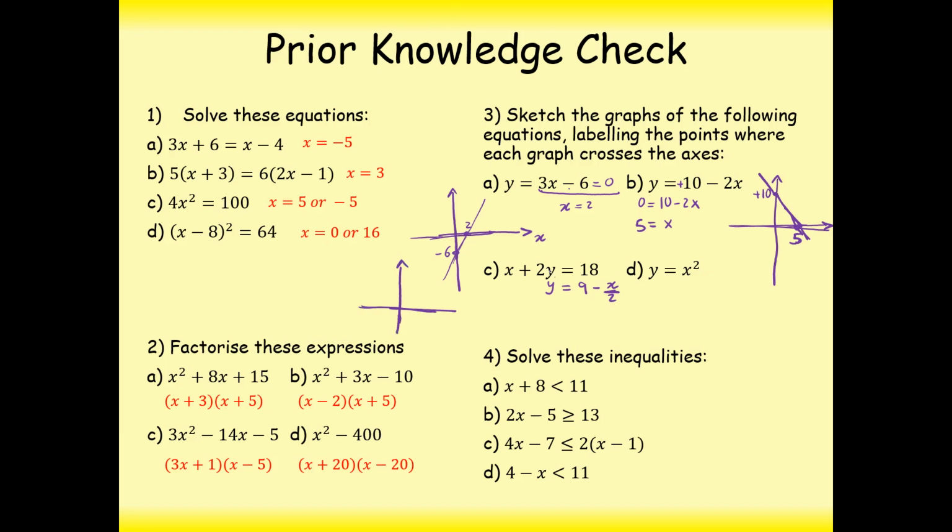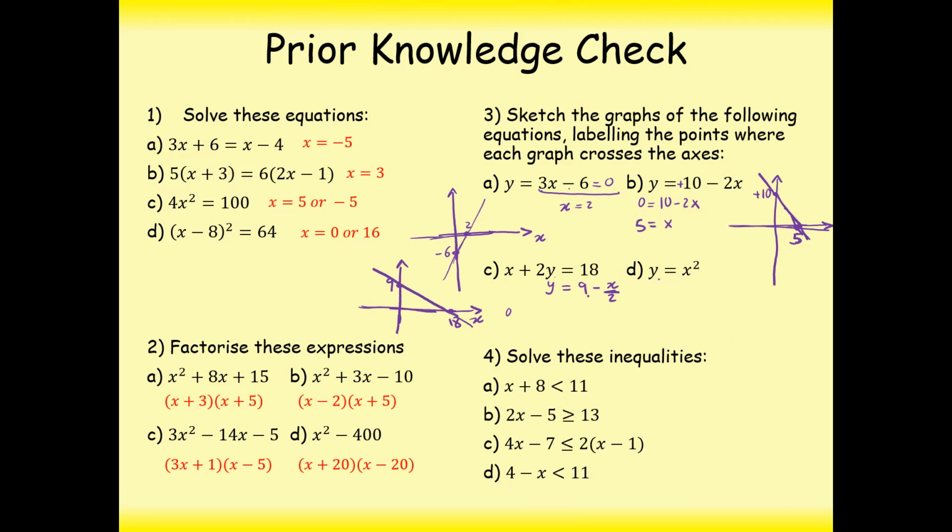You can say when y is 0, I will have x equals 18. So y is 0 when we cross the x-axis, so it will have an intercept of 18. And when x is 0, you substitute 0 for x and you end up with 2y equals 18, so y is 9. As we previously found out, the intercept was 9. So you join these points with a straight line.